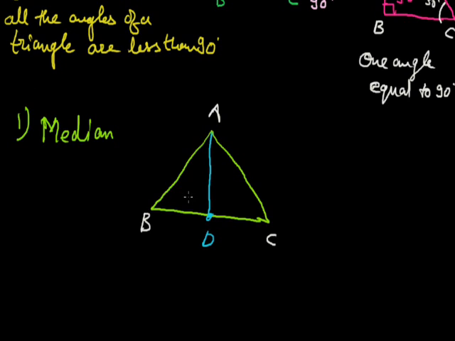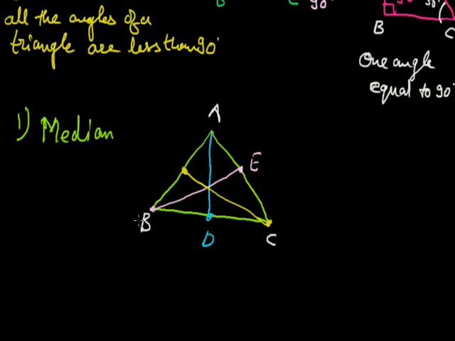Similarly, if I take the vertex B and the midpoint of AC and join these points, I will get another line segment BE, and this is also a median. Next, there is one more vertex left, that is vertex C. If I take vertex C and the midpoint of AB and join these two points, then the line segment which I obtain is also a median.